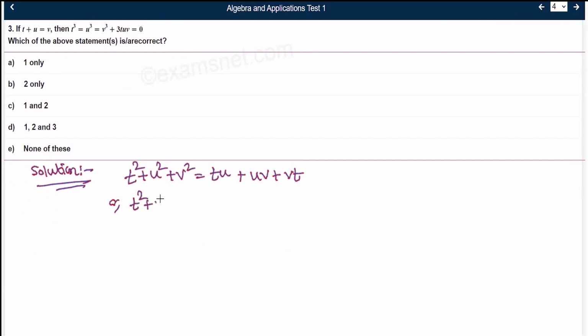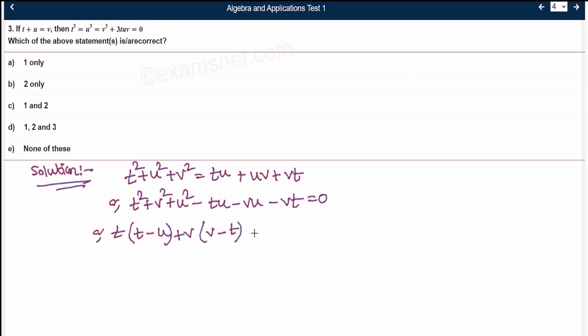So it becomes t square plus u square plus v square minus tu minus uv minus vt equals 0. Now we can take common from some terms, like t from t square and tu. So it becomes t multiplied by t minus u, plus v multiplied by v minus t, and next plus u multiplied by u minus v equals 0.